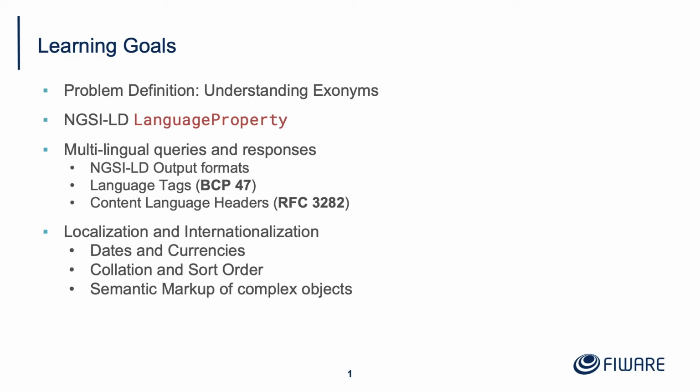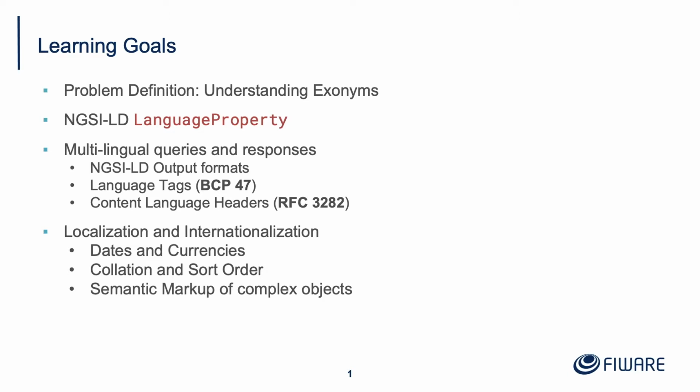And this brings us on to how to deal with multilingual queries and responses, with a few more acronyms coming through, like language tags or content headers, which is where you should be defining what language you want and why. And then finally, there are certain things which aren't explicitly done by context brokers. However, there are proxies or workarounds outside of the context broker which need to be done in order to deal with these.